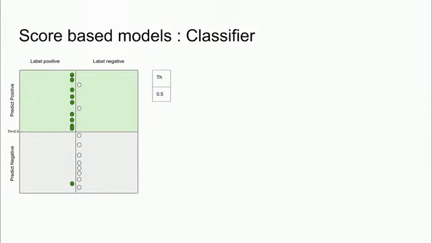Okay, so I was talking about setting a threshold for this classification problem. You have to basically pick a threshold. In this case, let's just arbitrarily pick a threshold of 0.5. Once you pick a threshold, you automatically divide up your space into these four different categories, and you've also changed your score-based model into a classifier.